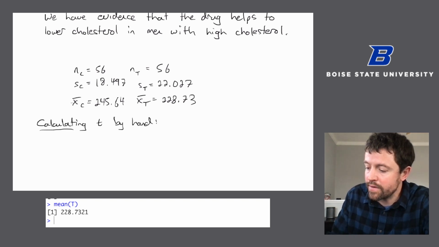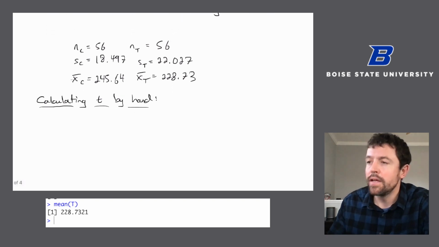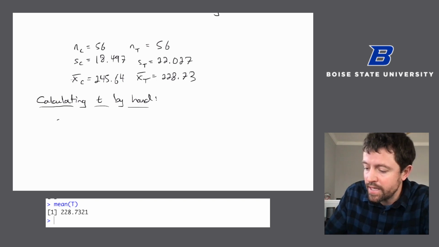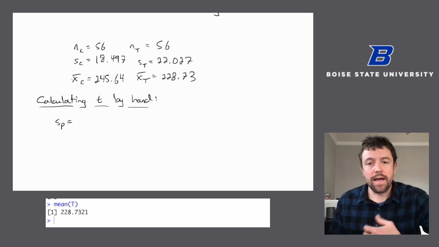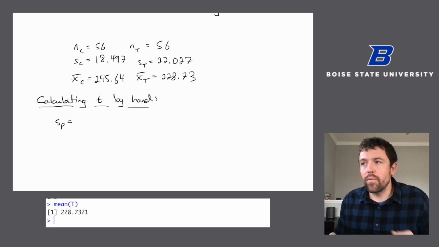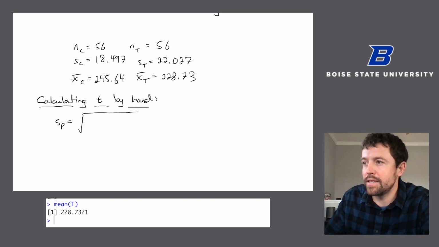If nothing else, this video will convince you not to do this unless you have to, if you weren't already convinced. So calculating this by hand, we start by getting an estimate for what the standard deviation is. The idea with the pooled test is that we're saying, hey, it looks like these have the same standard deviations. And so our estimate for the standard deviation of all the data is this complicated looking thing, it's not really that bad.